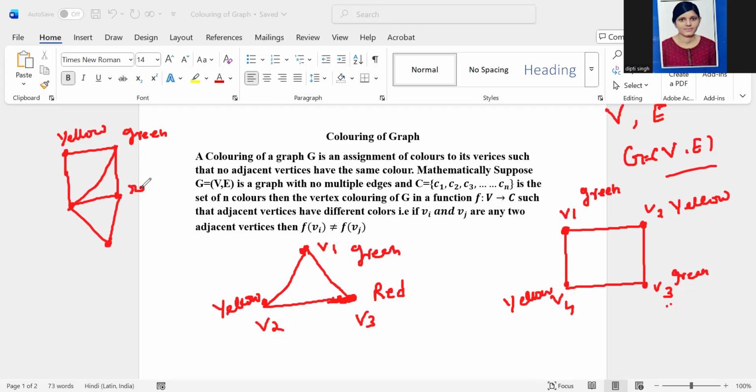You can take yellow. If you color yellow, then you can take green. And you have to take a different color to color this, so you can take red. So you can see no two adjacent vertices have the same color. So this is the way of coloring the graph.